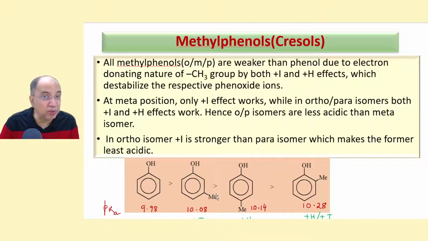Meta is only plus I. That will be more acidic than para and ortho, but all of them are less acidic than phenol. Now between ortho and para, the ortho isomer has the strongest plus I effect because it is nearer, as well as hyperconjugation. So both plus H and, added to that, significant plus I will make it least acidic.